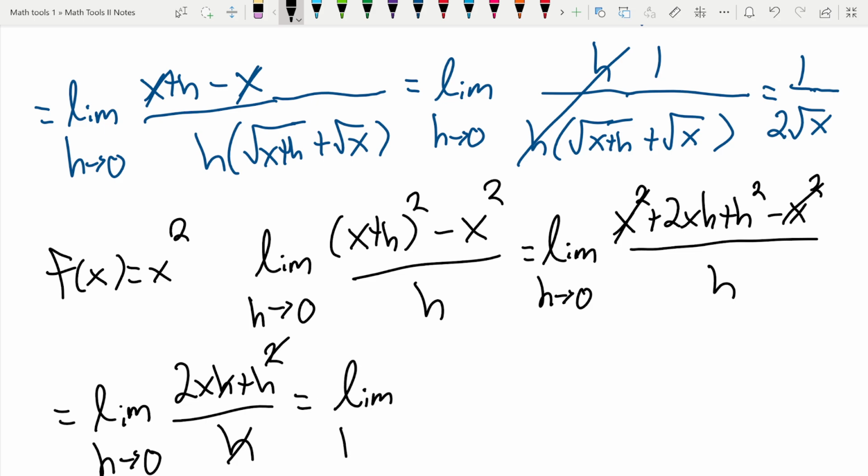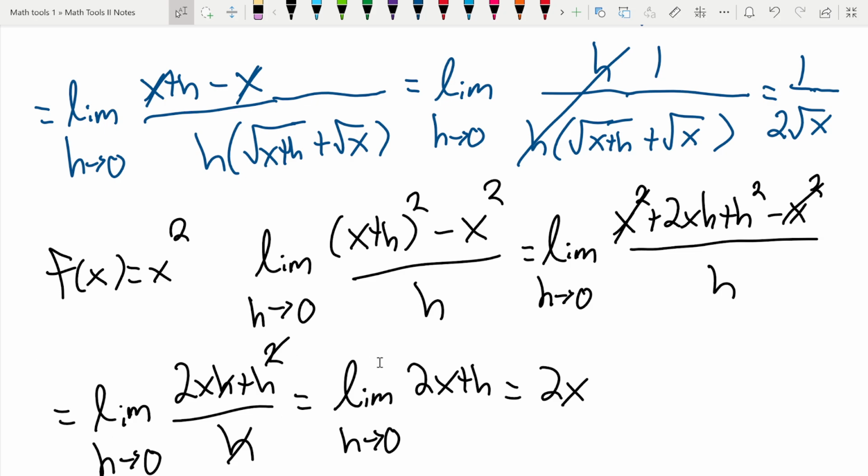So we get the limit as h approaches 0 of 2x plus h, which is just going to be 2x. Okay. So 2x is the function which describes the slope at any point of x squared. So the slope at 1 is 2, the slope at 2 is 4, the slope at -8 is -16.